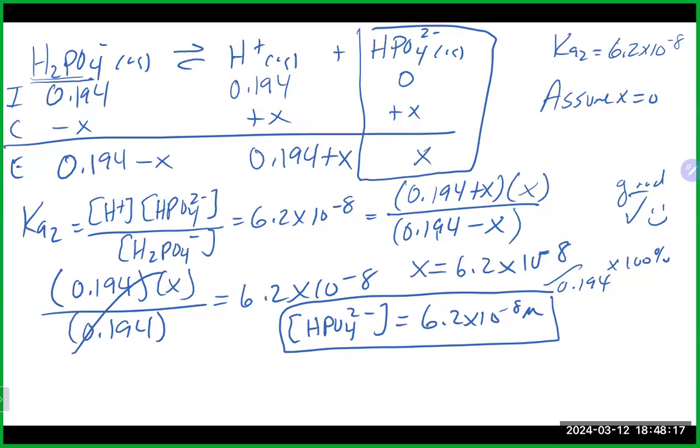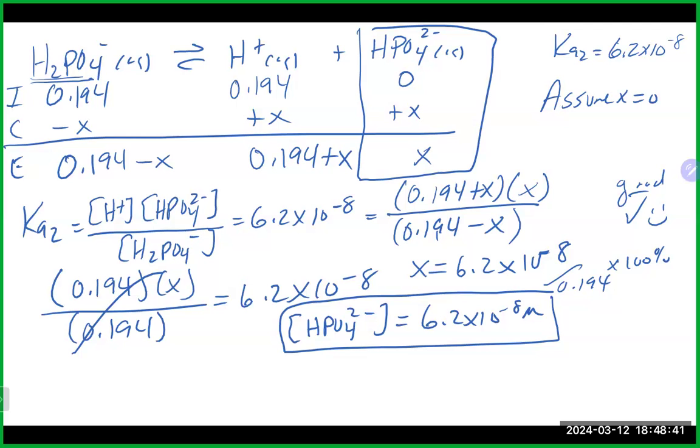What do I end up with? I end up with 0.194. It pretty much doesn't change, right? Same thing over here. If I take 0.194 and subtract the x value, you will pretty much still have 0.194. So those two concentrations are still going to be the same as what we had going into here.